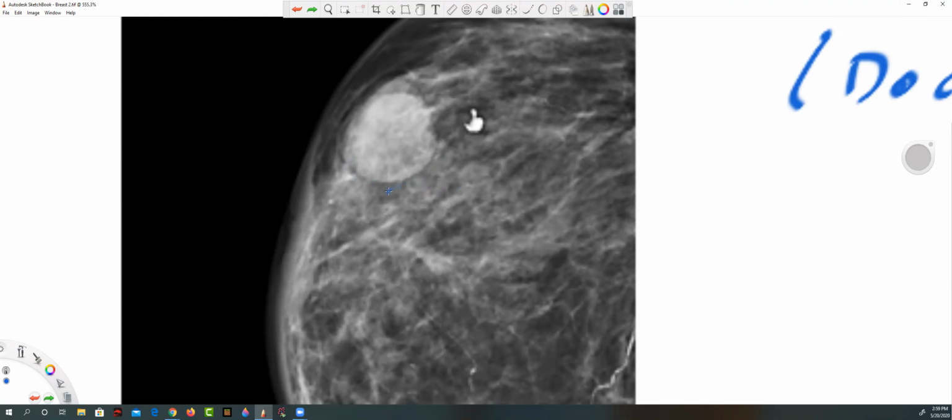They call it a radiolucent rim around the outside. That's a good indicator that this is a simple cyst, and a very thin, definite wall.